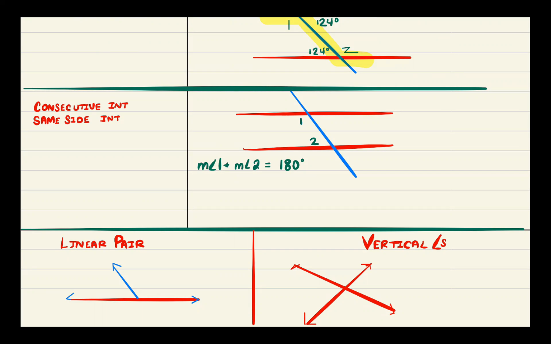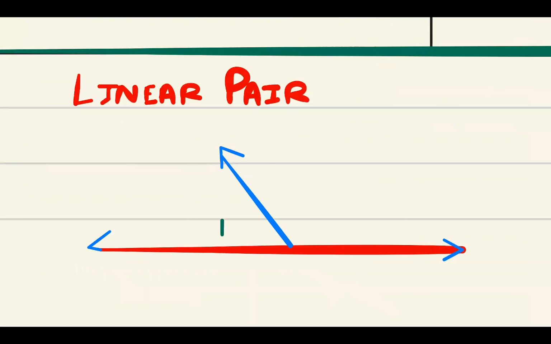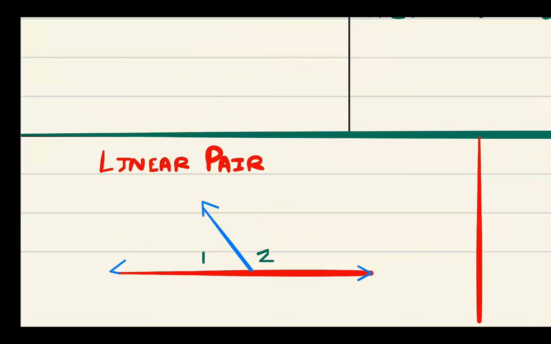The measure of a straight line is 180. So if a line is cutting that, what is it going to do to these two angles? It's going to split them. And what was that fun S word we just learned? Supplementary. So linear pairs are supplementary angles, which means their sum is 180.